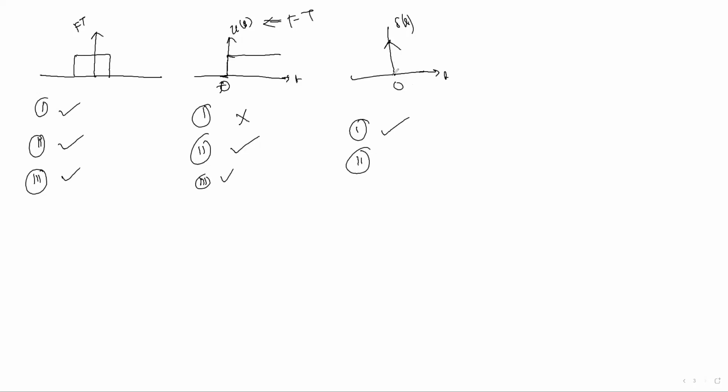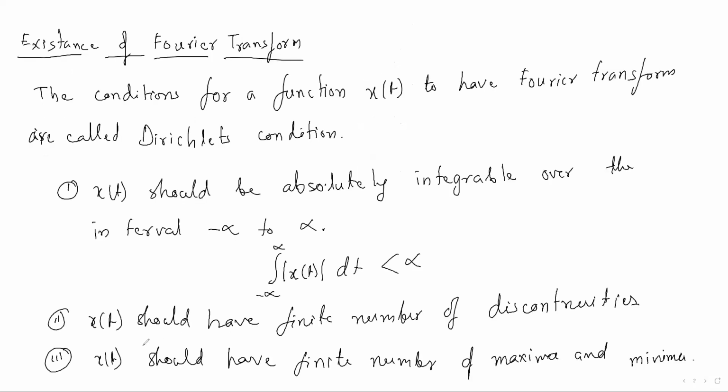The second condition, the number of discontinuities, is not satisfied. One thing I have to write in the second condition: x(t) should have a finite number of discontinuities, and you should also write that the amplitude should be a finite value.